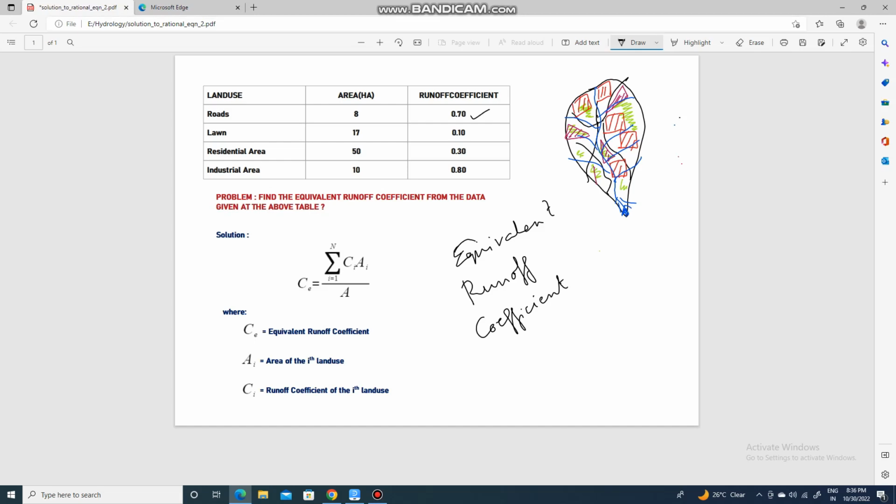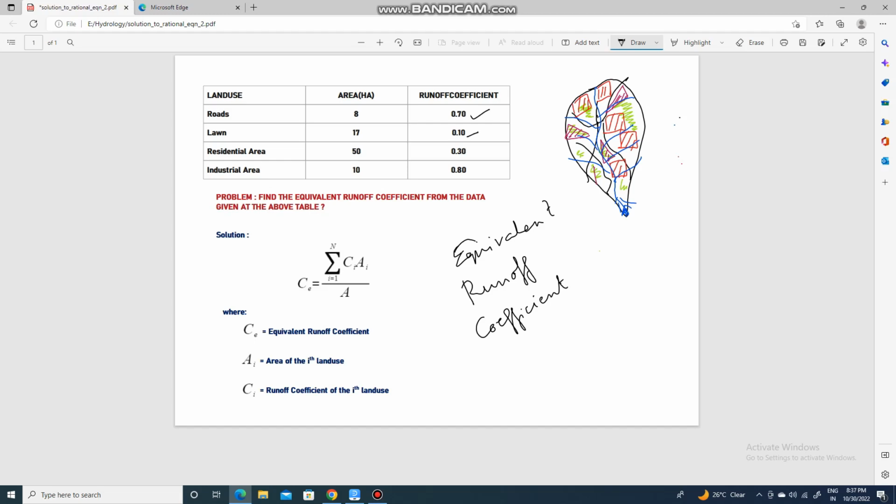As you know, road areas are totally impervious. That means after rainfall, no water can infiltrate in the road area. So that is why you see this C for road is 0.70. That means 70% of the water flows away from the watershed due to the imperviousness of the road.